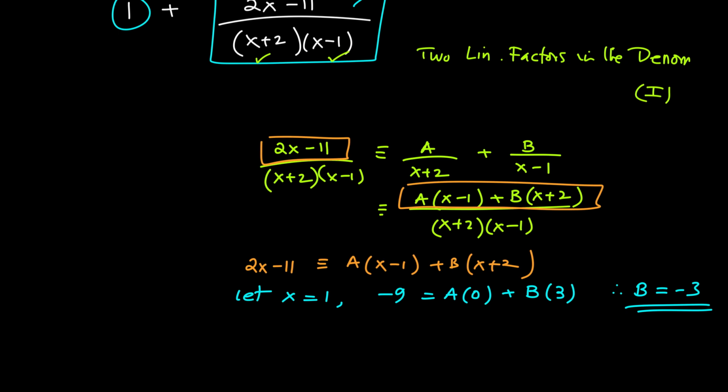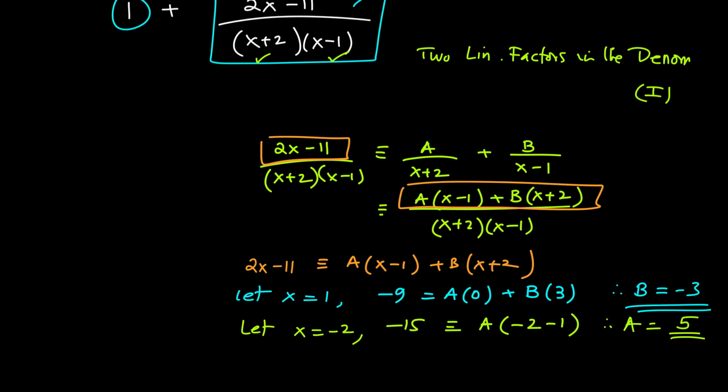Now choose any other value which will eliminate the other constant. What if I choose x equals negative 2? Negative 4, minus 11, that is negative 15, is equal to A multiplied with negative 2 minus 1. Therefore, A comes out to be 5.